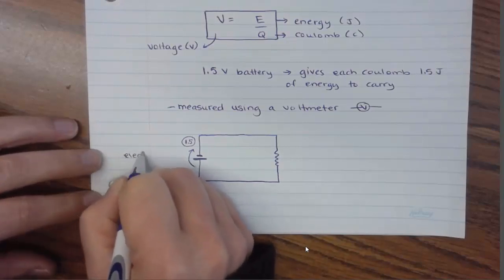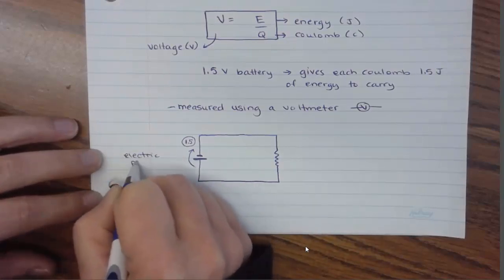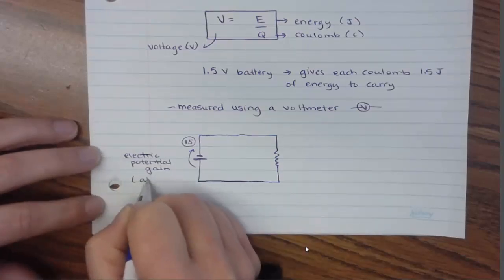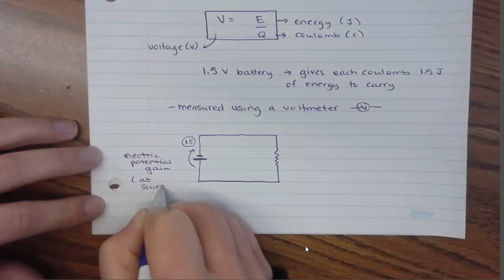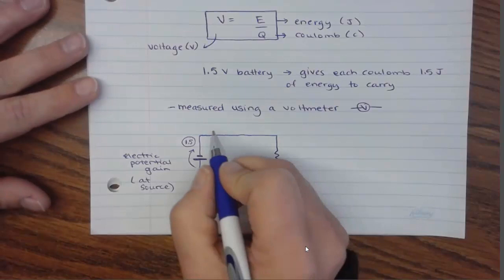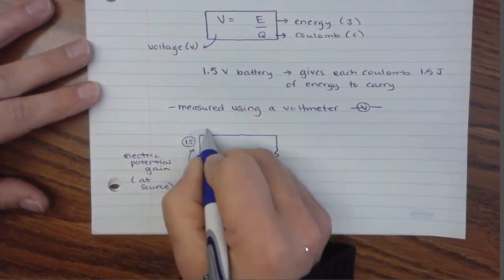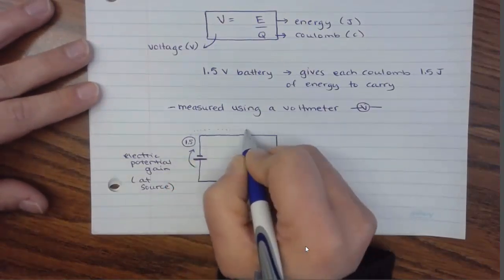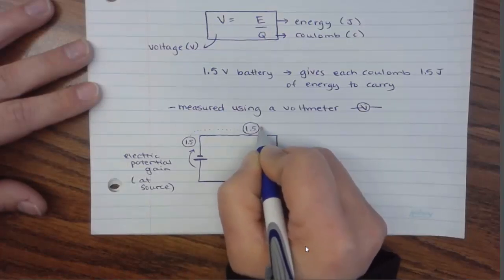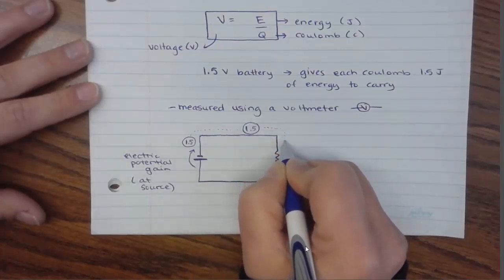So this is an electric potential gain at the source. So the battery, the cell in this case, is a source. And so as these electrons are going around the circuit, they are carrying these 1.5 joules of energy.